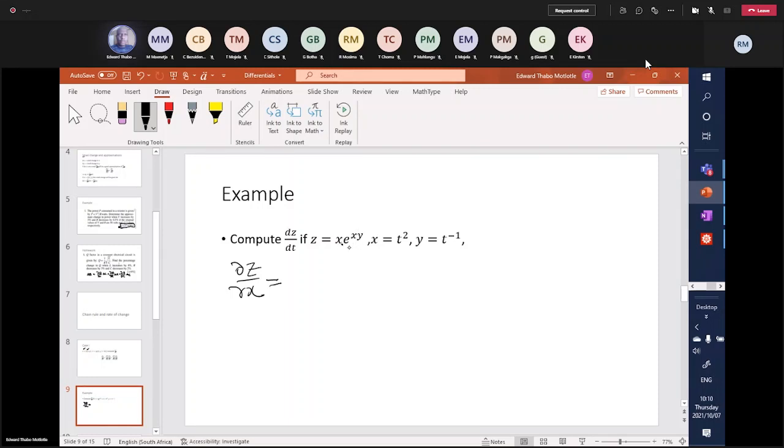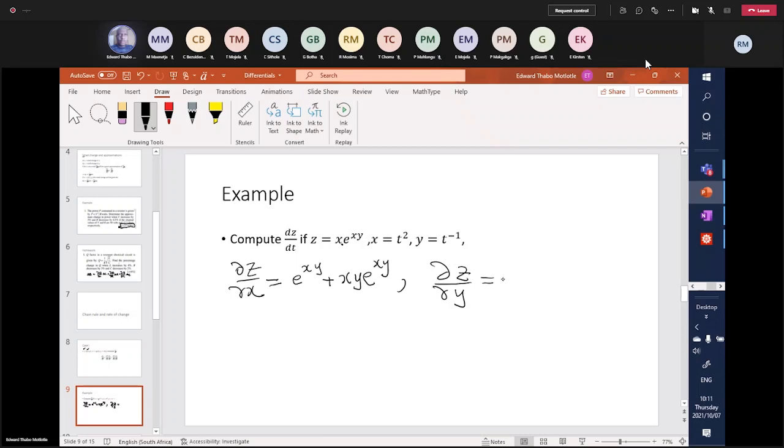So it's going to be e to the power xy plus x. Now when you differentiate the index xy, the answer will be y with respect to x, e to the power xy. Now you differentiate z partially with respect to y.